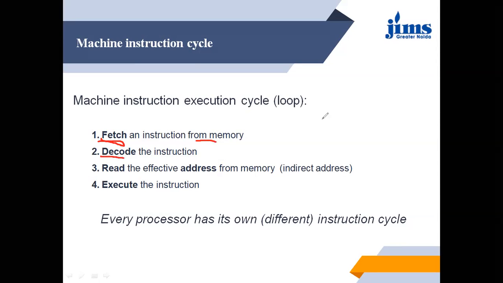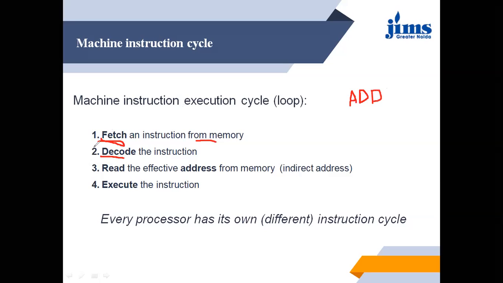As I told you, if we want to add two numbers, then there is no need to write the binary equivalent of add. We will write only add. So the machine has to decode this from add to 0101 or in the binary form. So this is the work of the machine.